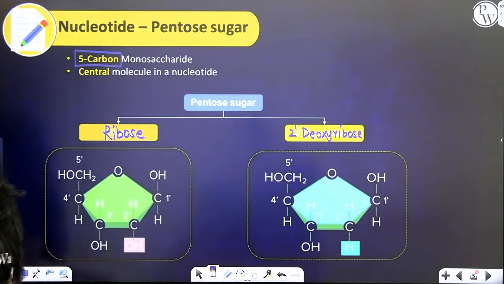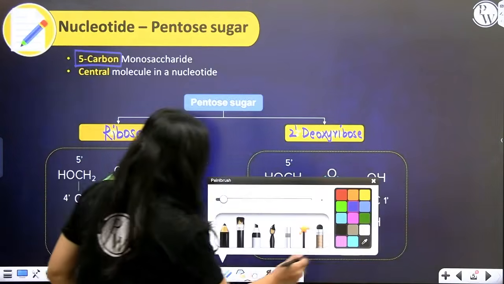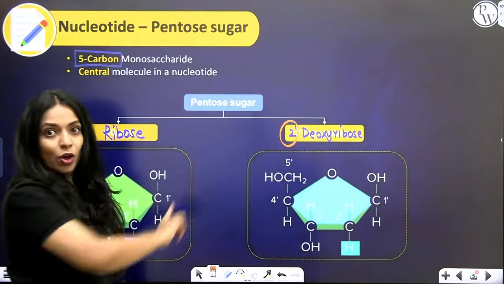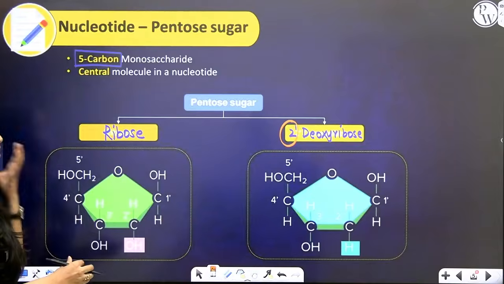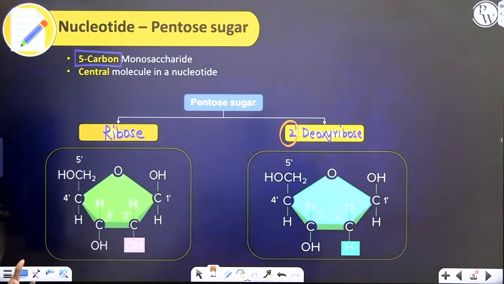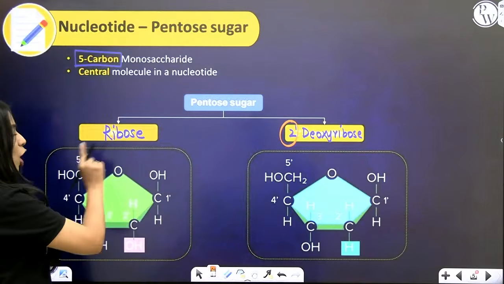Now look at this illustration and try to find out what exactly is the difference between these two molecules. They're both sugars, they're both having 5 carbons. The difference lies in the second prime carbon. Look here, I said 2'-deoxyribose. The difference between ribose and deoxyribose lies in the second carbon. Let's first begin numbering these carbons from the first carbon in clockwise direction.